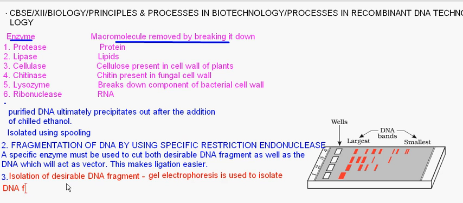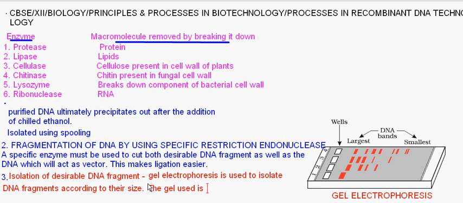This is an image showing gel electrophoresis. The gel used is agarose. It is a polymer of agar, which is a chemical obtained from seaweeds.